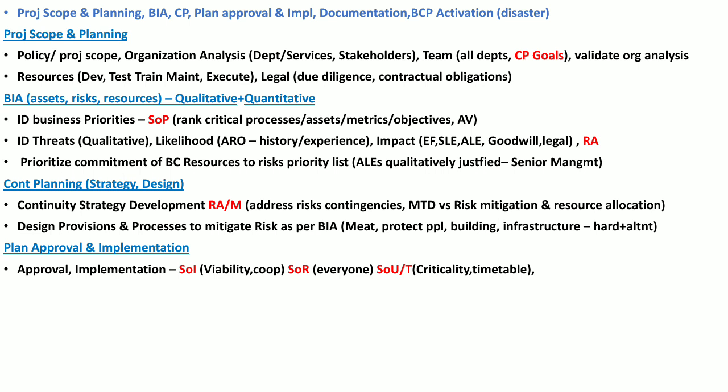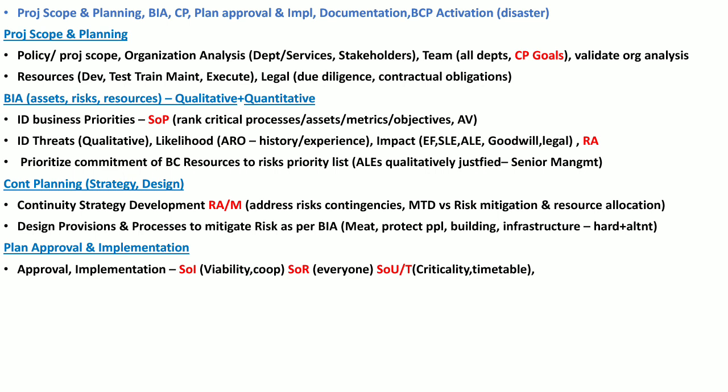That can be the statement of importance, that is SOI, which says that this business continuity planning effort is vital for the viability of the organization's business. Therefore everyone has to cooperate with the BCP plan.